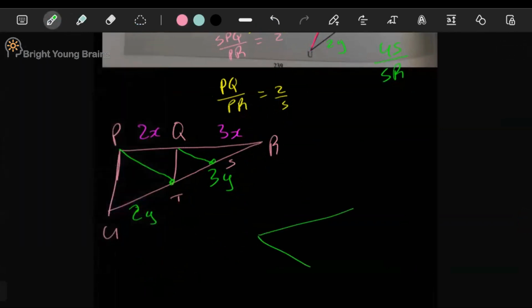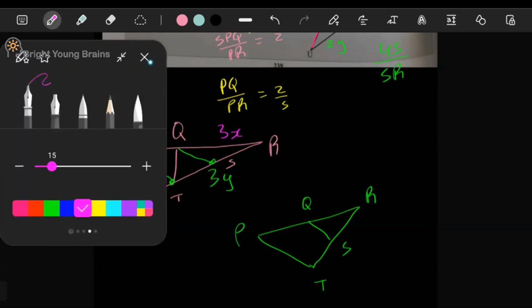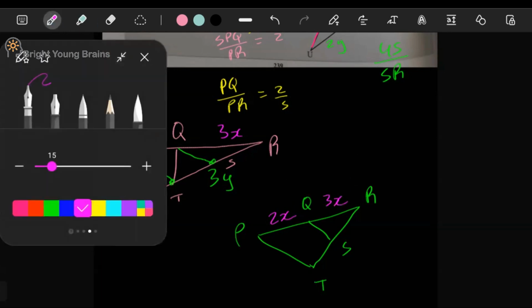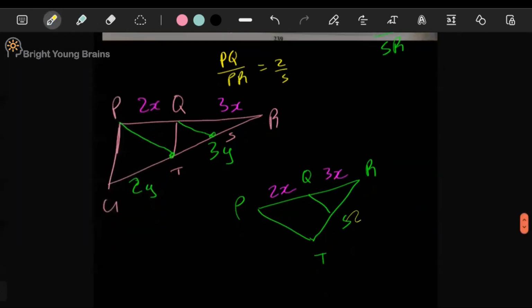If you're looking at that triangle here, the one where there's Q here, R here, S here, T here, and P. Do you see that on the other side we have been given 2x and 3x, but then on this side down here, this whole thing is representing 3y.